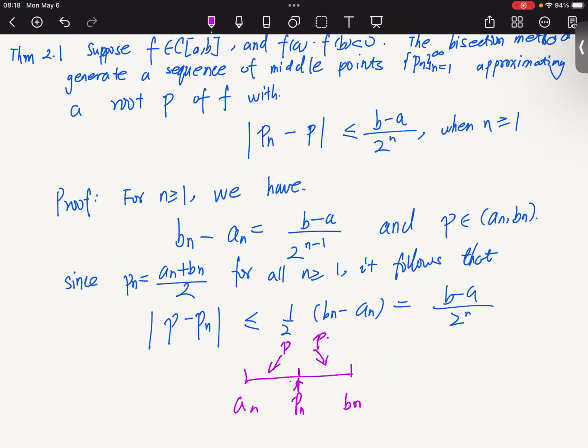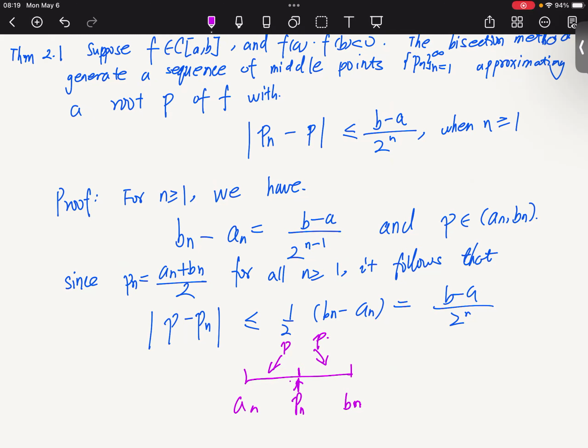So here, this is the pn, and the p could be here, or the p could be here. The difference between p and pn should be less than the length of the interval here, or less than the length of the interval here. And the length of the subinterval should be 1/2 of bn minus an. Does that make sense?